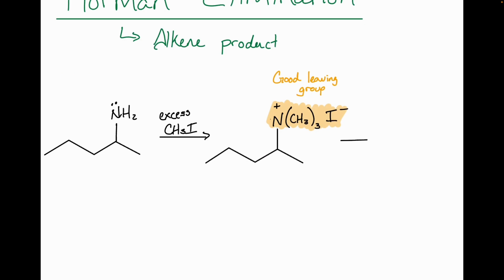we'll create an alkene. They use something kind of fancy here. They use this silver oxide, all right, which really just creates hydroxide in solution, but in a way that it's only going to be a base. There's no nucleophile, so there's no substitution side product.